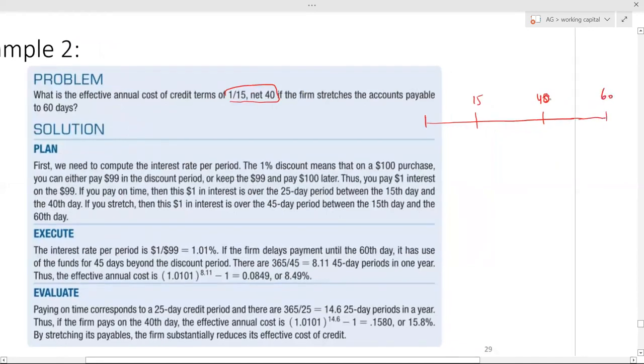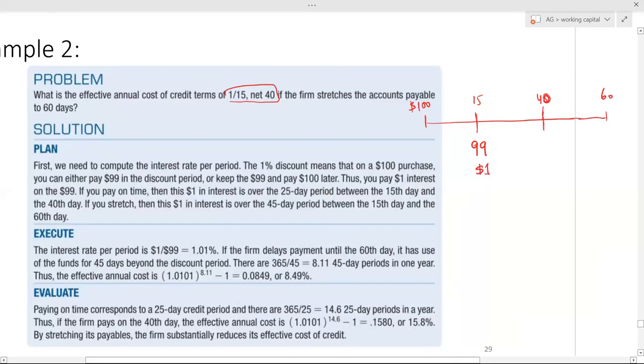I mean, this is not good, but we need to see what will happen. Okay, so if the company pays on 15th day and the purchase is $100, so the company can pay 99 on 15th day and can save $1. Same example, right? $1.